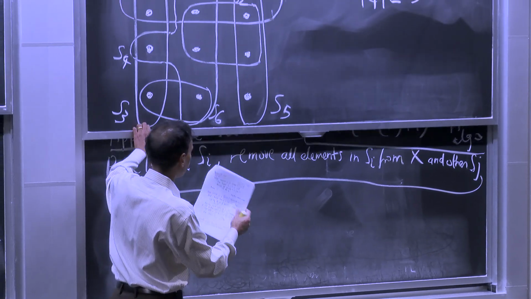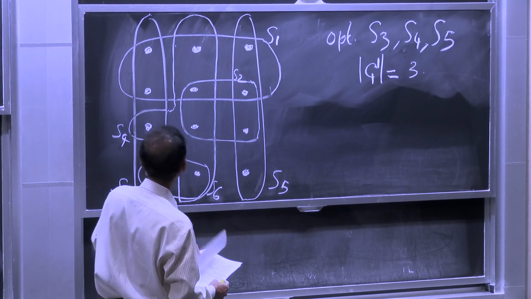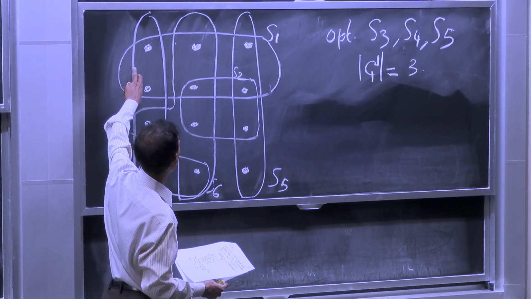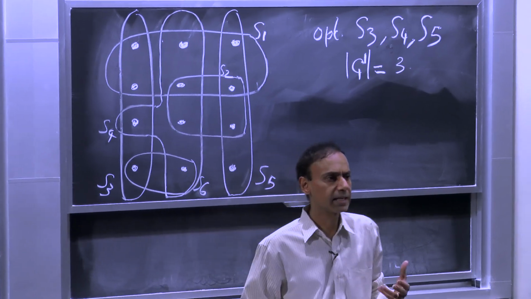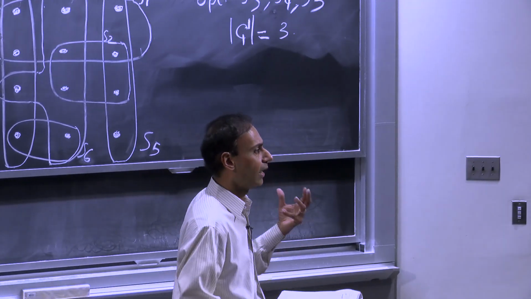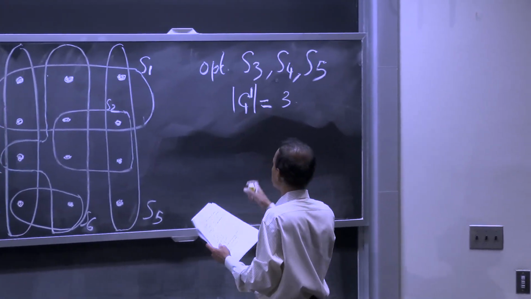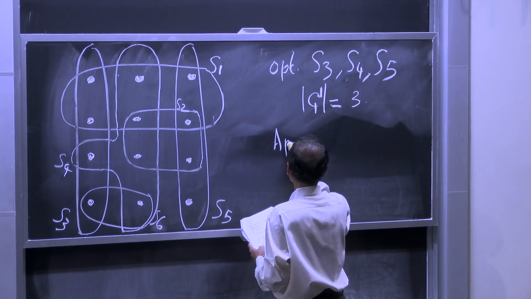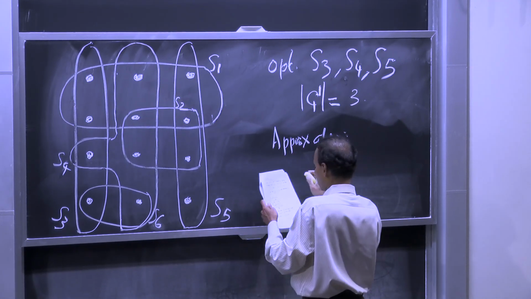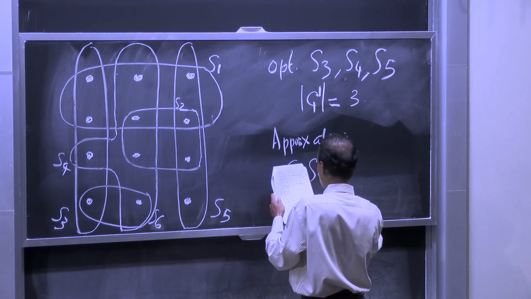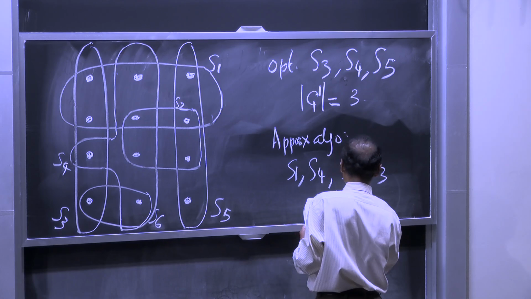If you do that over here, notice that what you end up with is picking S1, because S1 is the big boy here, in the sense that it's got 6 elements in it, right? Up on top, and so the approximation or heuristic algorithm would pick S1, S4, S5, and S3 in that order.